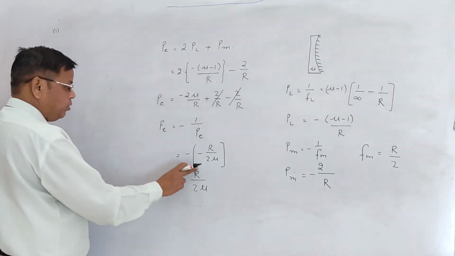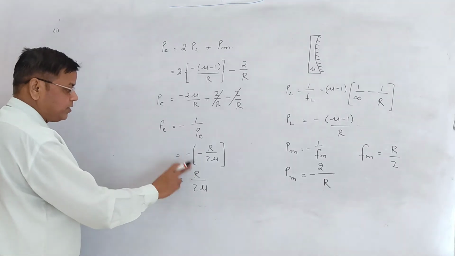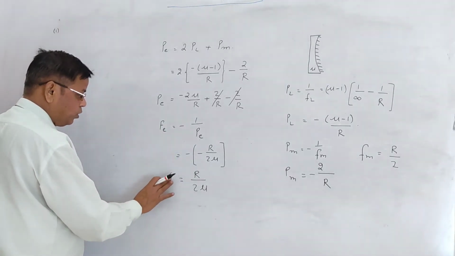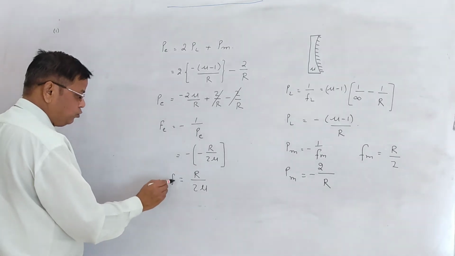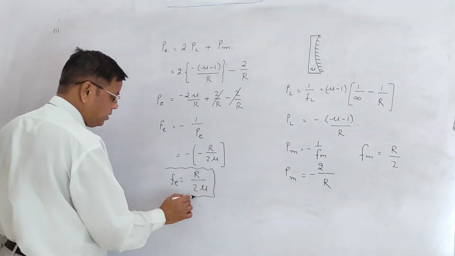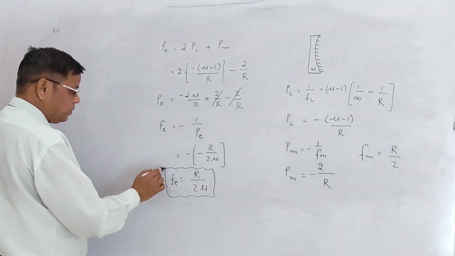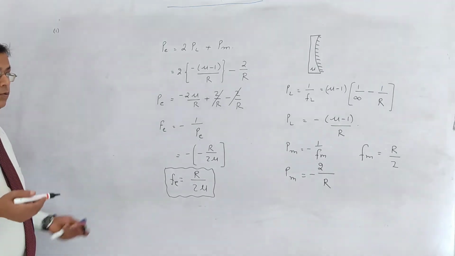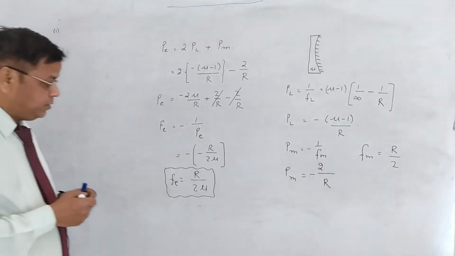Here you have to put only the numerical value of R because the sign is already considered. So the effective focal length of this lens is found to be positive. It means this silvered lens also behaves like a convex mirror of focal length R by 2 mu. So this is your answer.